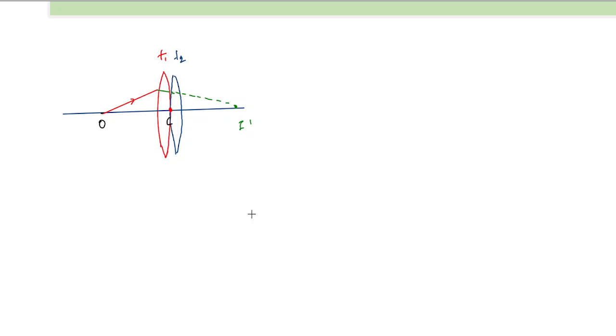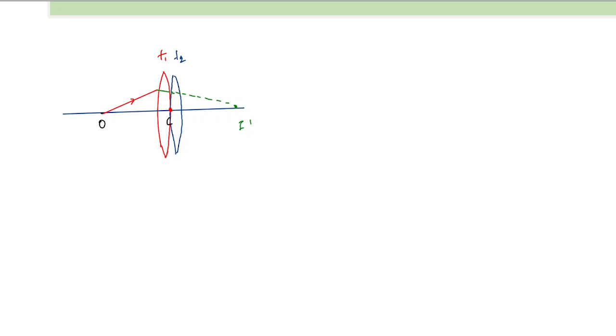So I dash is the point where the image would have been formed if we had only one lens. But because of the presence of one more lens, the light here is again refracted at the second lens.